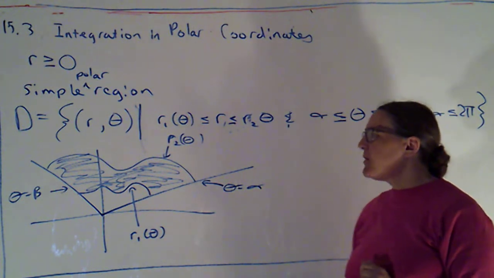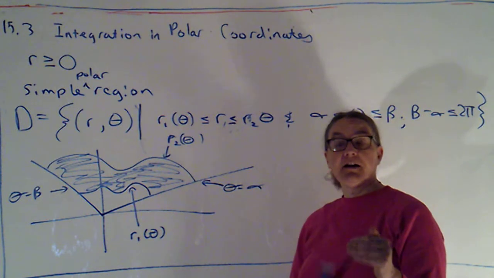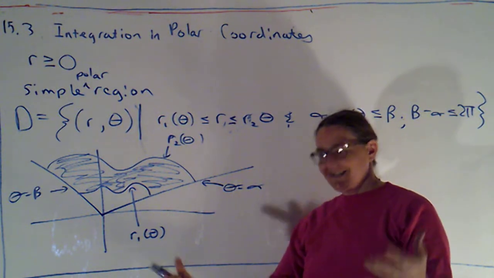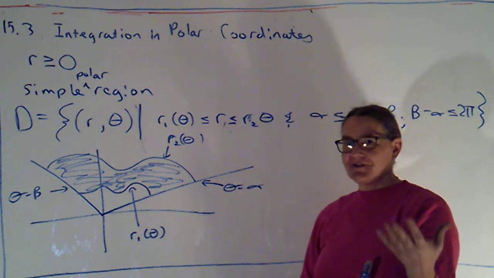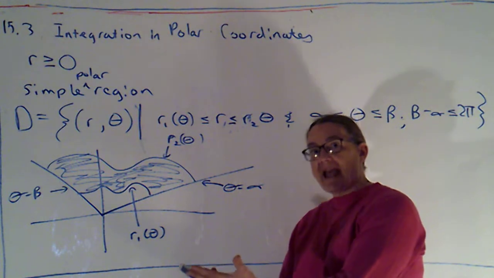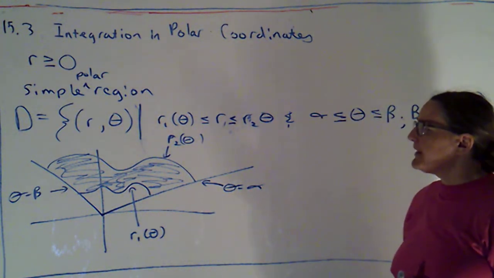It is so much simpler if we have r as a function of theta than theta as a function of r. If you just think about comparing trig to inverse trig, you've got functions of your angle theta. Inverse trig, the angle is the output of the function. So we're going to be working with regions something like this.